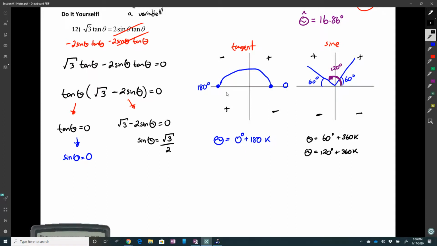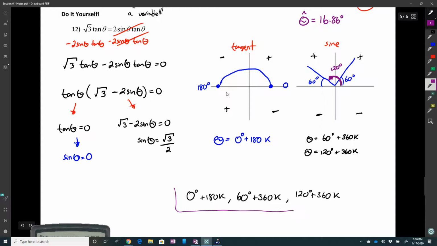If you wanted it on the homework, I'm guessing you would list it as 0 degrees plus 180k, comma, 60 degrees plus 360k, comma, 120 degrees plus 360k. All right. Any questions?